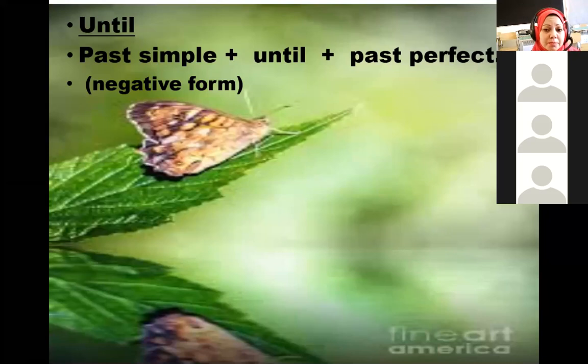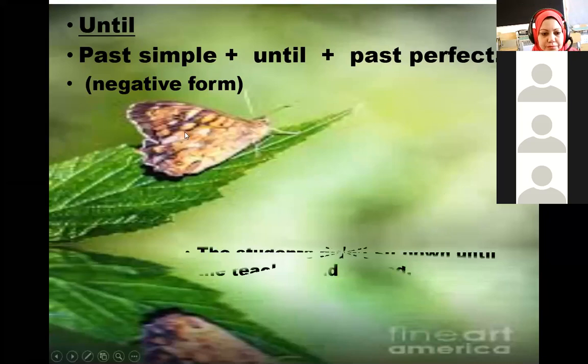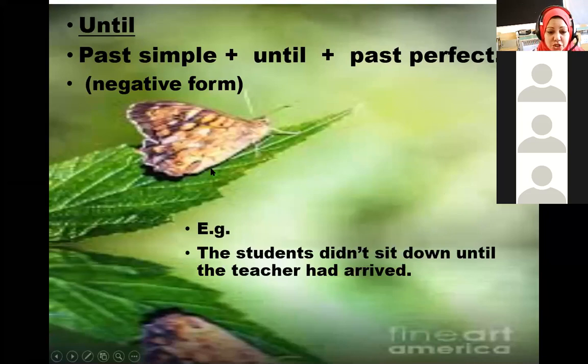Give me an example. The students didn't sit down until the teacher had arrived. Can you see? Before until, we have the second action, but it's in negative form. And after until, the first action, in the past perfect tense.